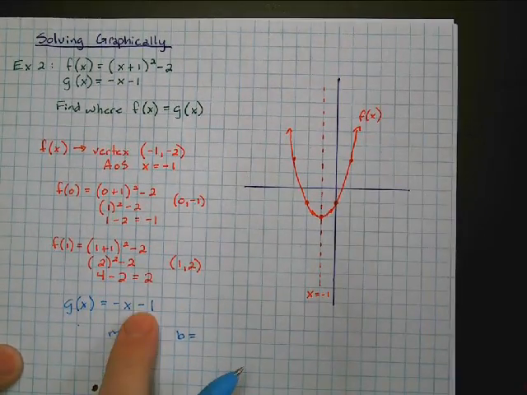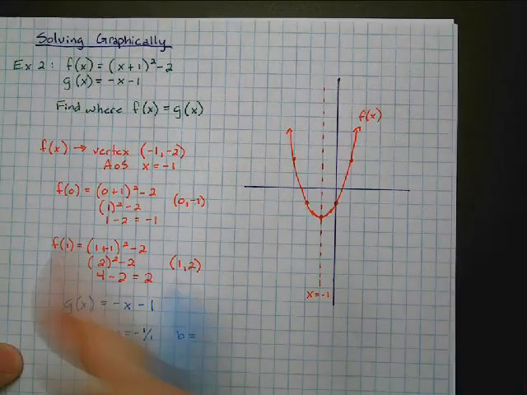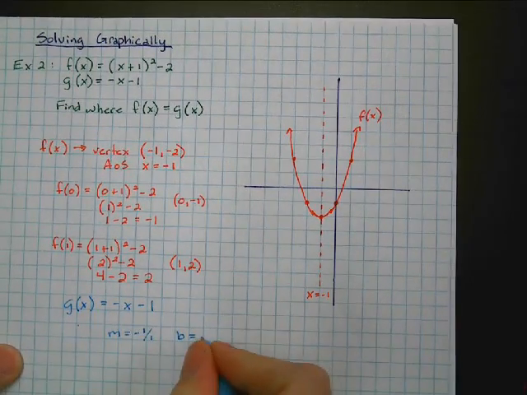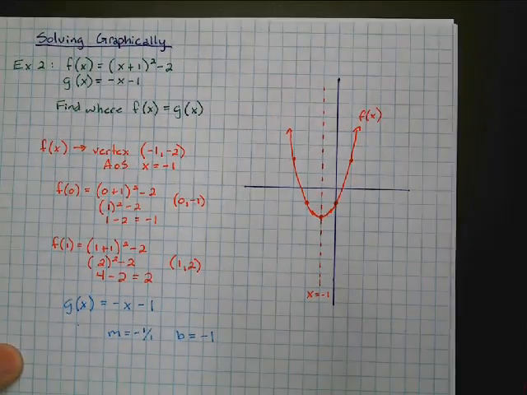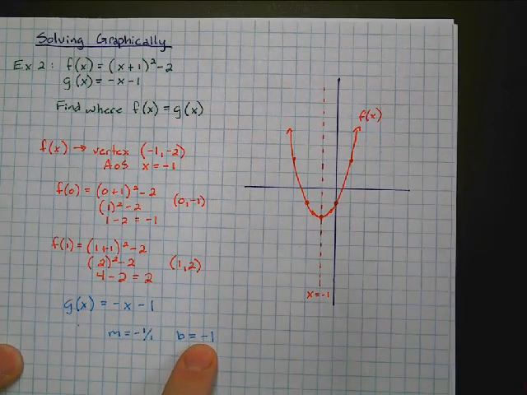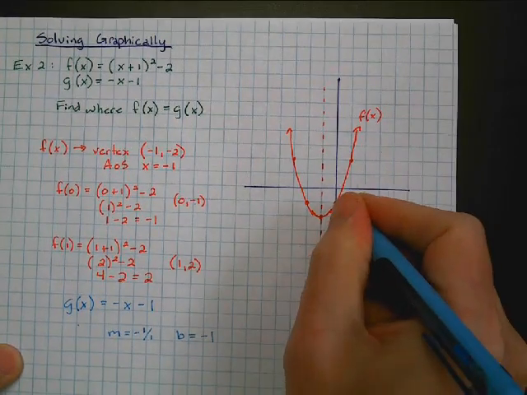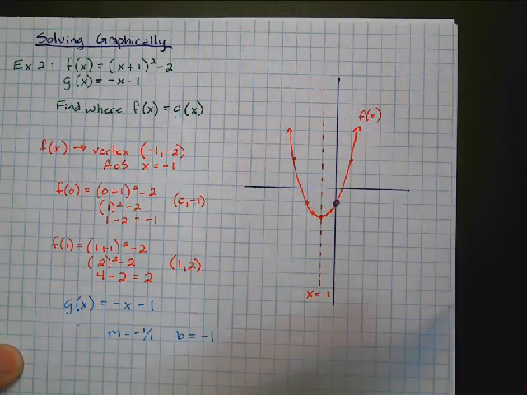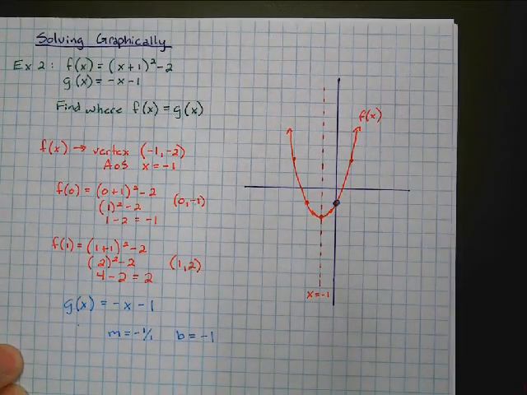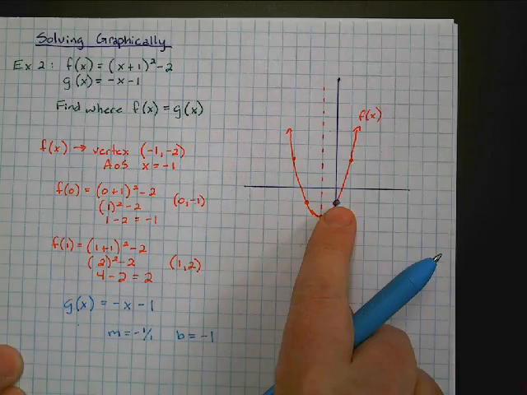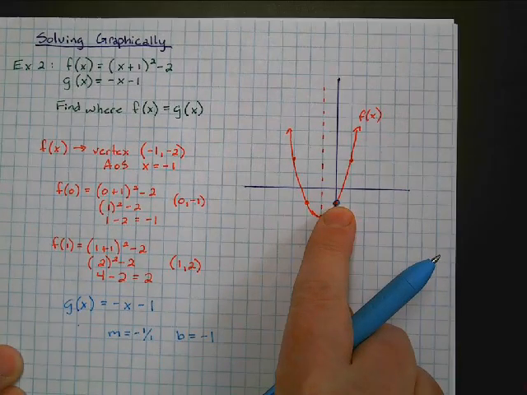Our y-intercept is negative 1. So I'm going to start by graphing negative 1. Negative 1 would be right here, right on top. So I put in my y-intercept right there.